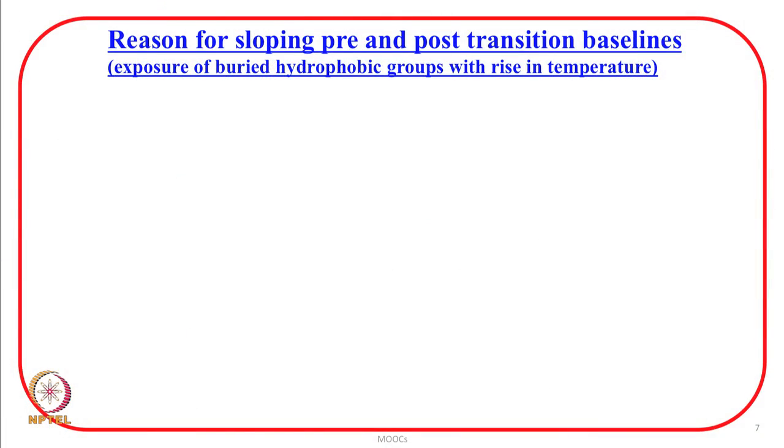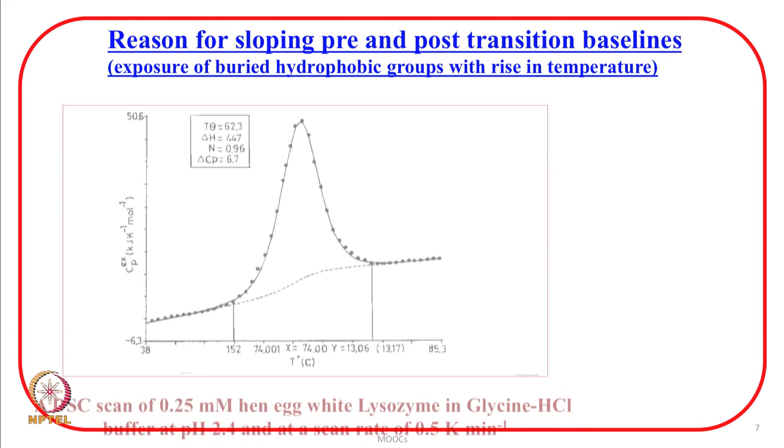So, what is the reason for sloping pre and post transition baselines in differential scanning calorimetric output? Let us take a look at the slide.